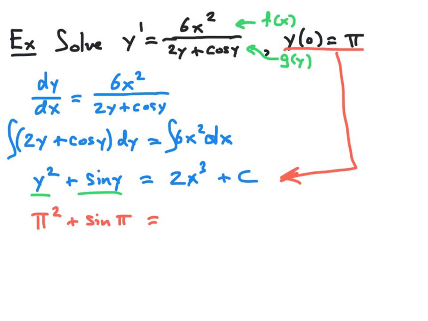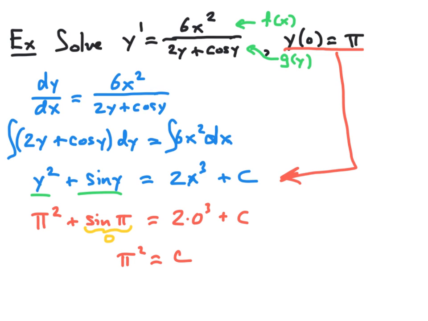And 0 will be substituted in for x, so we get 2 times 0 cubed plus c. And this simplifies very nicely. We know that sine of pi is equal to 0. And so the left-hand side here is simply pi squared, and the right-hand side is simply c. And so we get a constant here of pi squared.